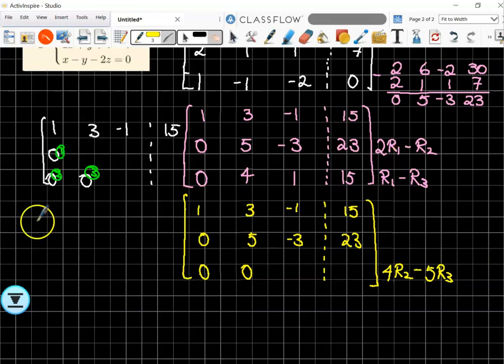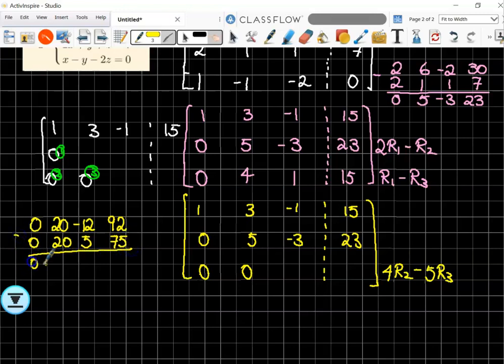Okay, so to the side, I'm going to go 0, 20 times in by 4, take 12, 80, 92. Yes? Anybody with me? 25. What am I timesing by? 5, 75. Now, guess what?